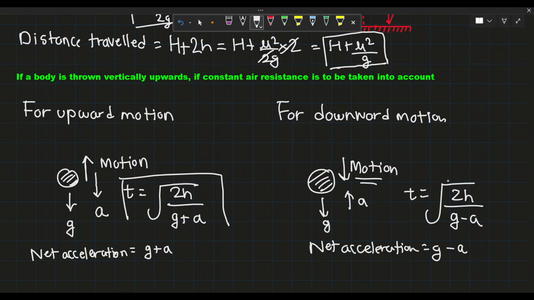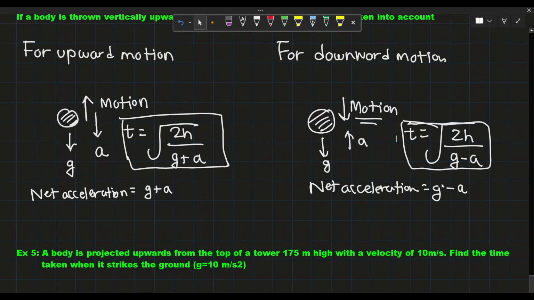Okay, and one thing to keep in mind is that your time of descent, that is the time required to reach the ground, would be greater than your time of ascent. Why?